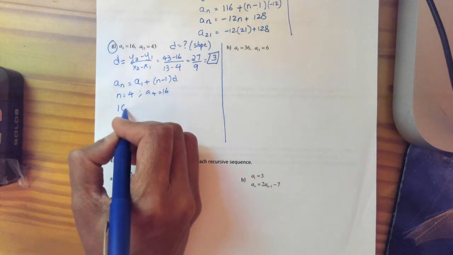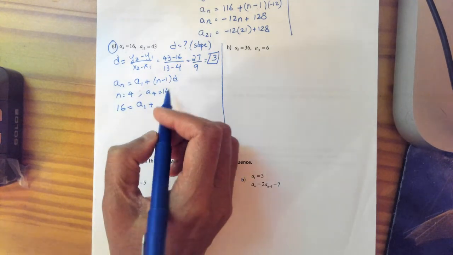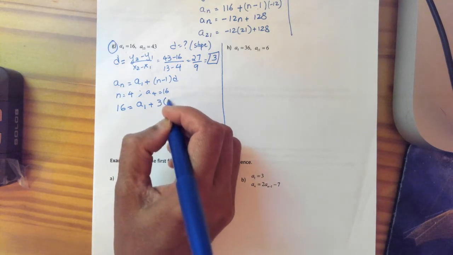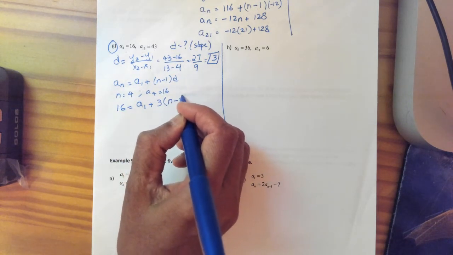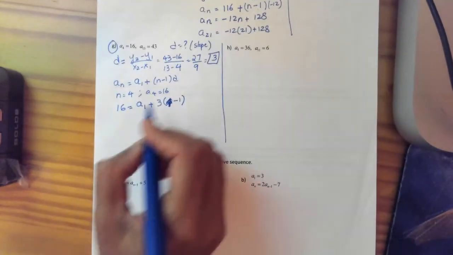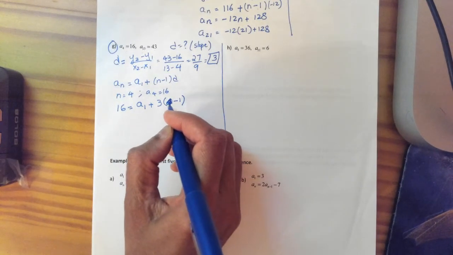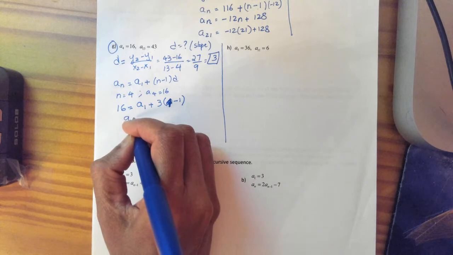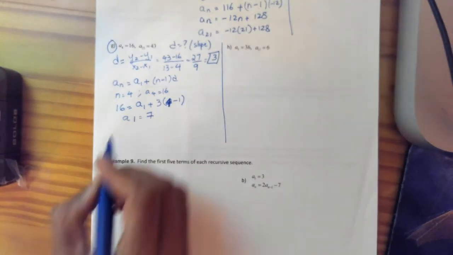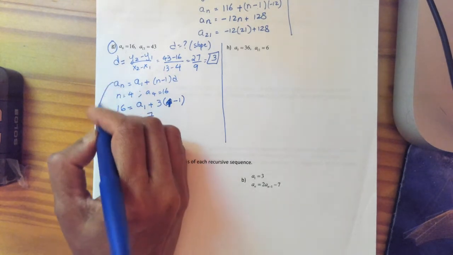So A4 equals 16 equals A1 is missing plus n minus 1 times D. So 3 multiplied by n minus 1. Sorry, n is 4. So in this equation only A1 is missing. This is nothing but 3 times 3, 9. And when I solve this, I should get A1 equals 7.